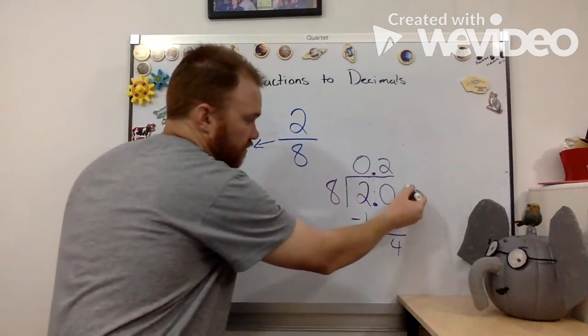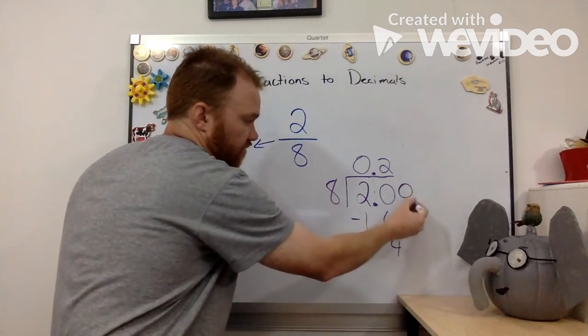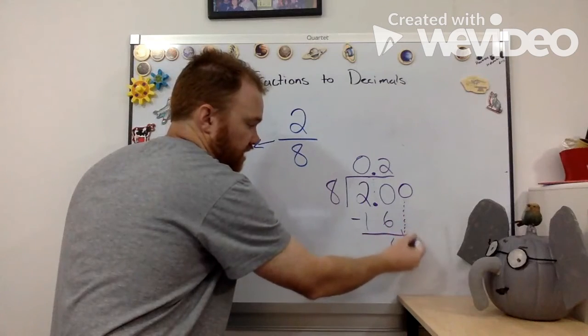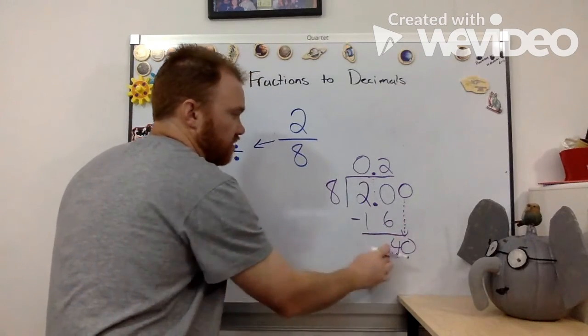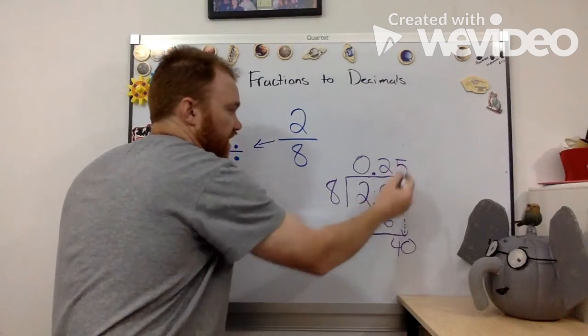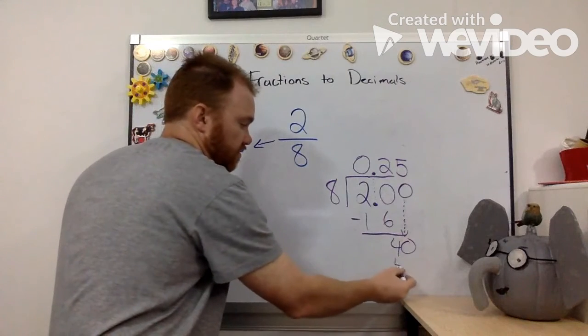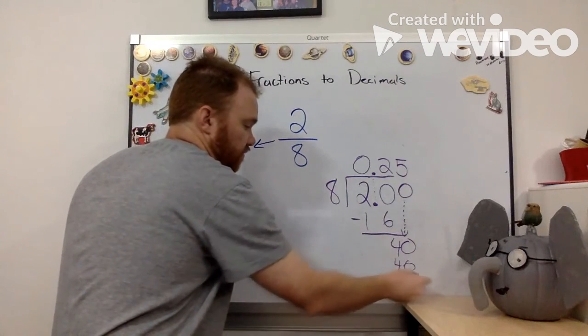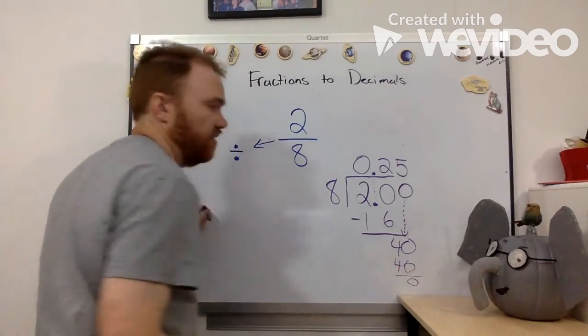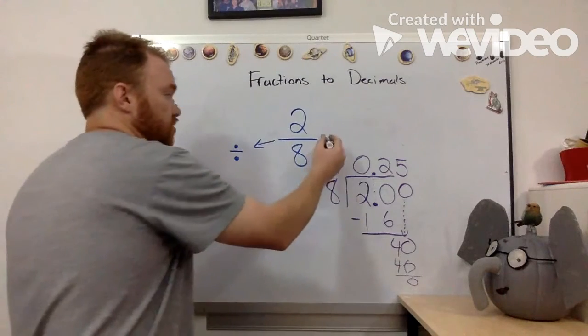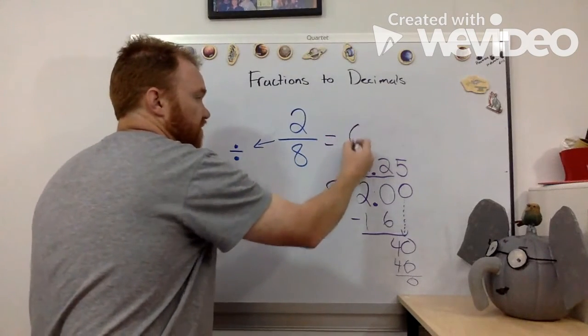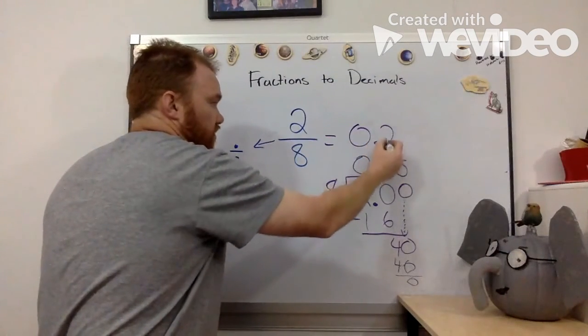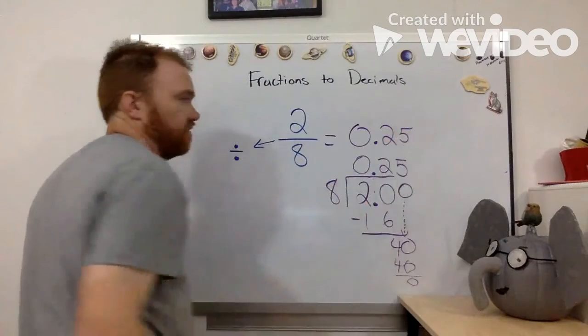I bring down my 0, because there's another invisible 0. 8 goes into 40 five times. 5 times 8 is 40. I have a remainder of 0, so I'm done. 2/8 is the same as 0 and 25 hundredths.